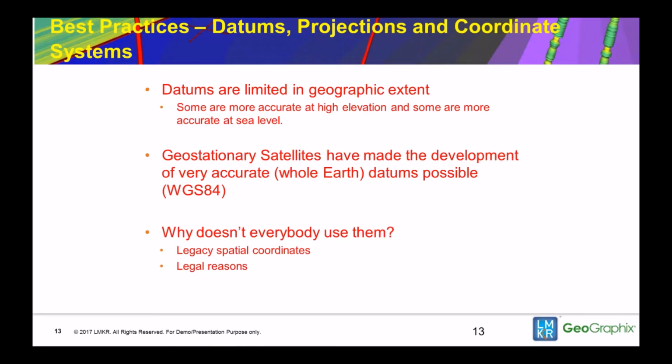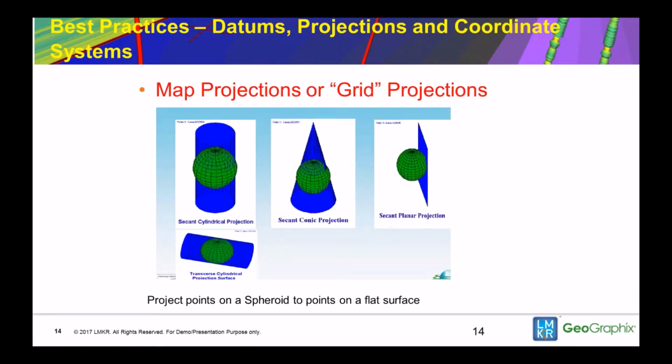So for instance, many of your GeoGraphix projects are still set up in NAD27. And if you have NAD83 well locations, when you import them, you go ahead and transform them into NAD27. Because of all the legacy data in the oil and gas industry, people still do that. Although lately NAD83 has become very, very popular, basically because of state reporting requirements.